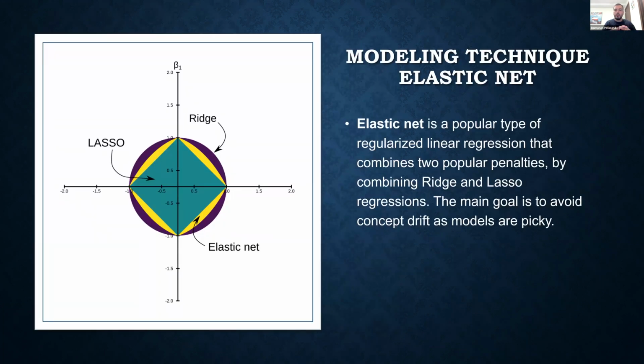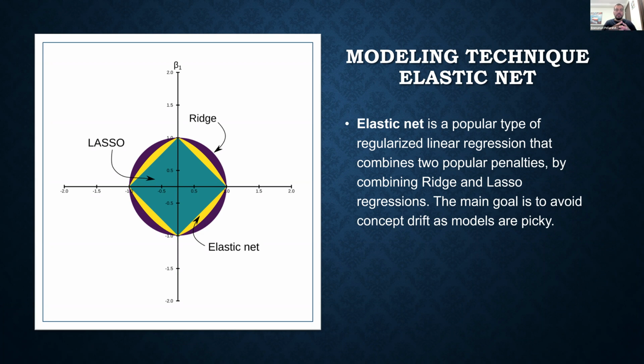Now, jumping into the modeling technique, we use the ElasticNet, which is a popular regularized linear regression that combines two different penalties from the lasso regression and the ridge regression. If you're going to jump into the math, don't sweat it.